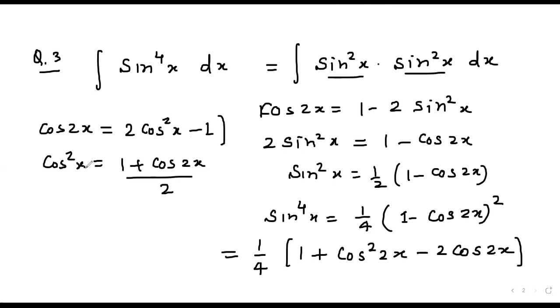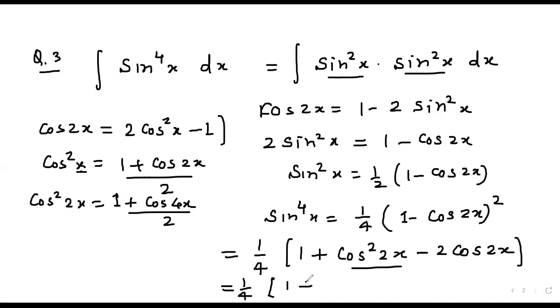So suppose x is replaced by 2x. So cos square 2x will be equal to 1 plus cos 4x divided by 2. So here this term will become 1 plus cos 4x divided by 2. So 1 by 4 times 1 plus cos square 2x will become 1 plus cos 4x divided by 2 minus 2 cos 2x.